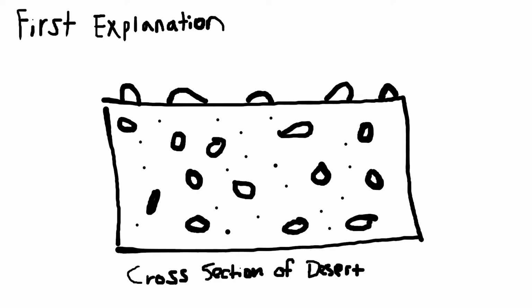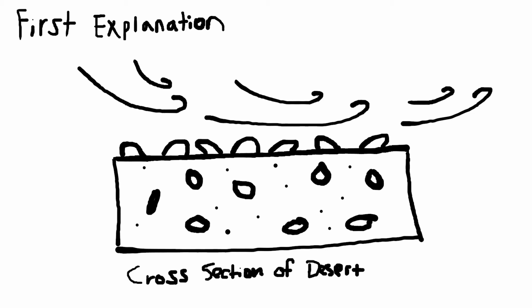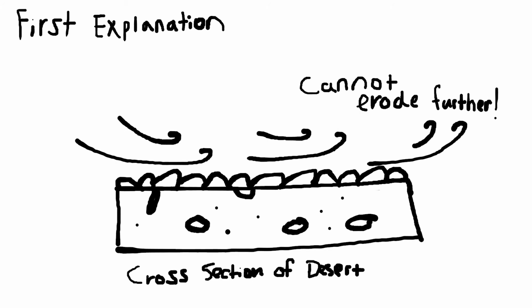And over time, the wind erosion in this arid region carried away the topmost sand and silt particles. It swept them away, and as it continued to do this, it would get rid of more and more of the ground, lowering the cobbles and pebbles at the top that couldn't be swept away, lowering them down to others of similar size, resulting in a larger concentration of these larger particles.